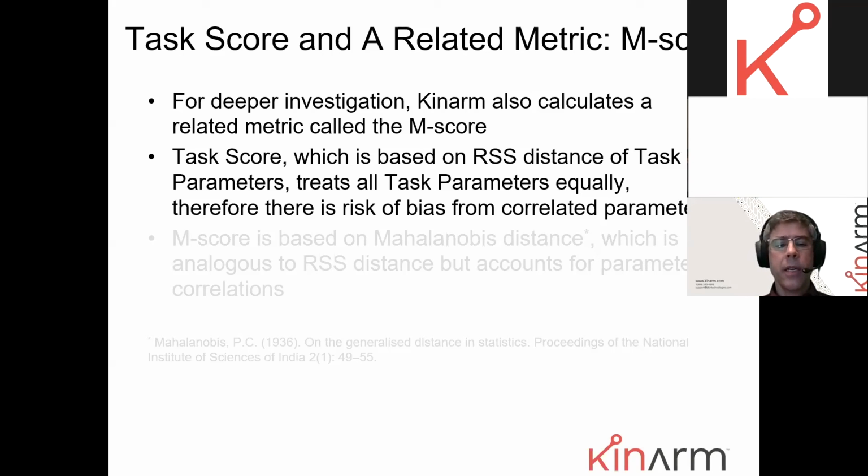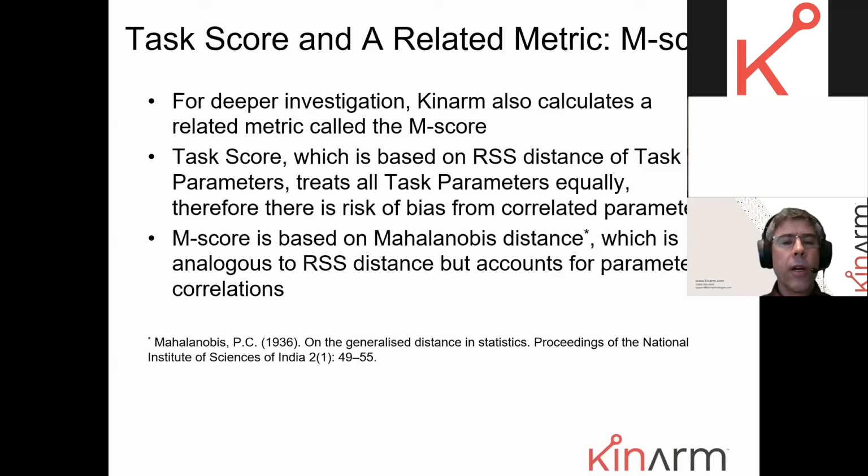It doesn't pick and choose different ones and weight them differently. It just treats them all equally, which means that if you have highly correlated parameters, you're potentially going to get a bias in the task score, which perhaps weakens its ability to identify abnormal behavior.